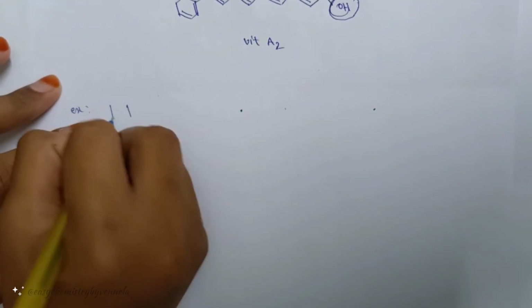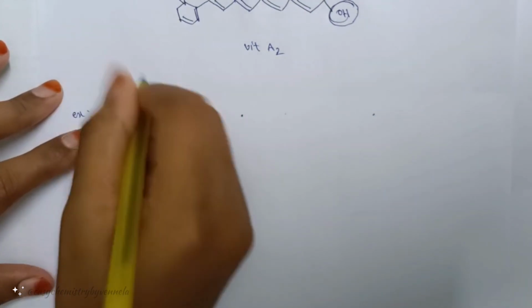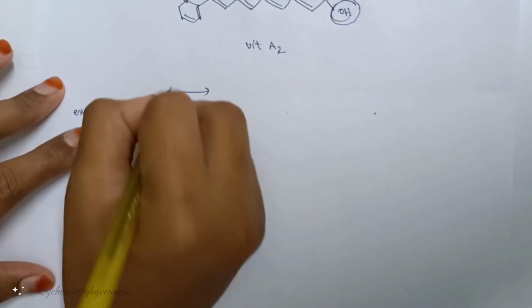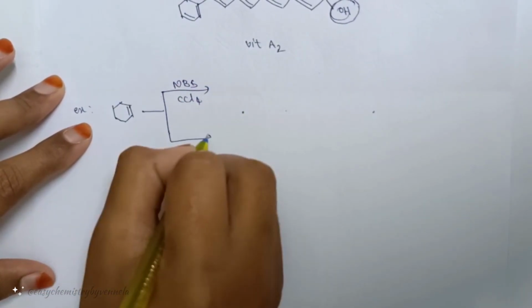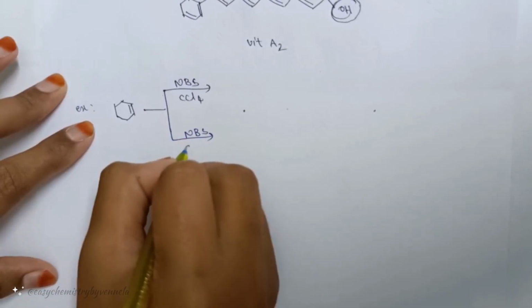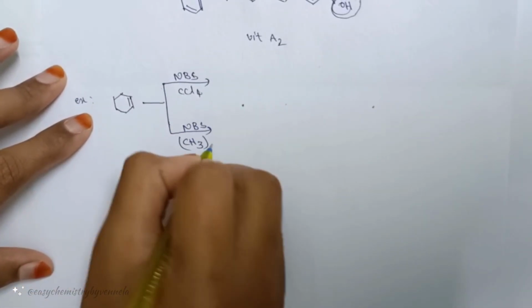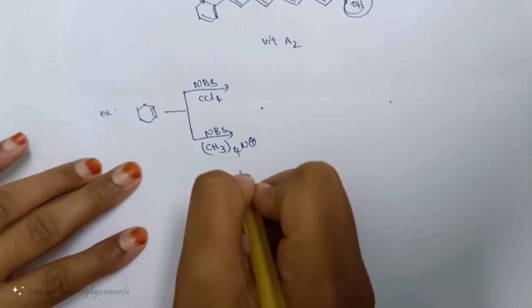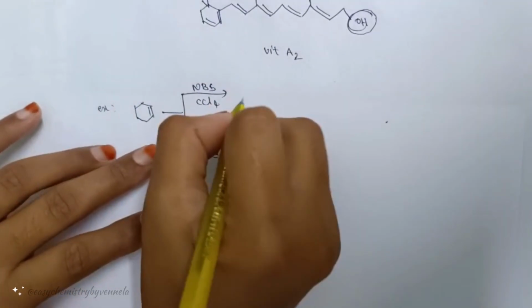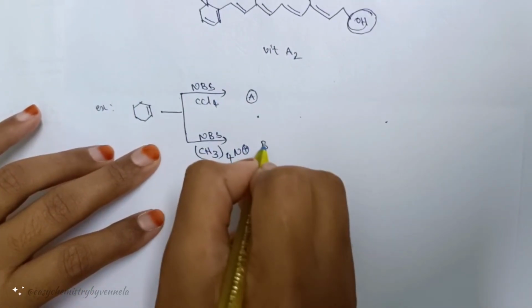Another example, cyclohexene. Reaction with NBS, CCl4 and NBS with ammonium salt or tetramethyl ammonium salt. What is A and what is B?